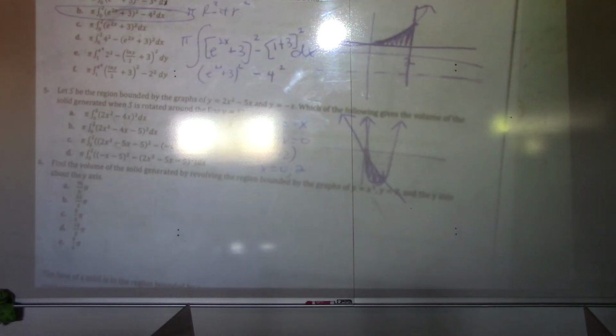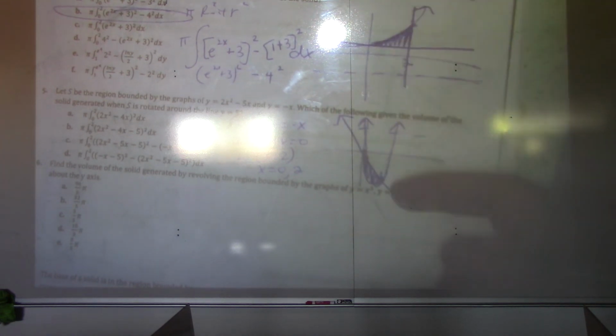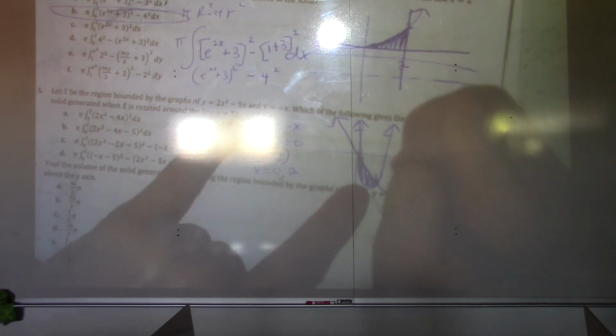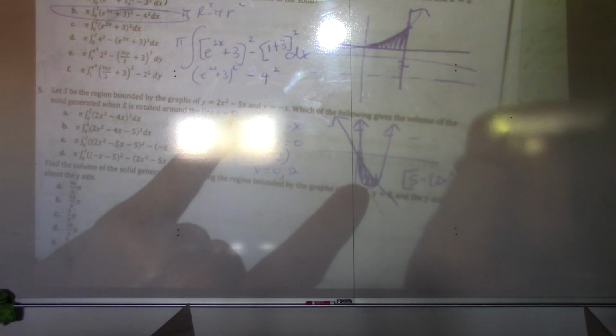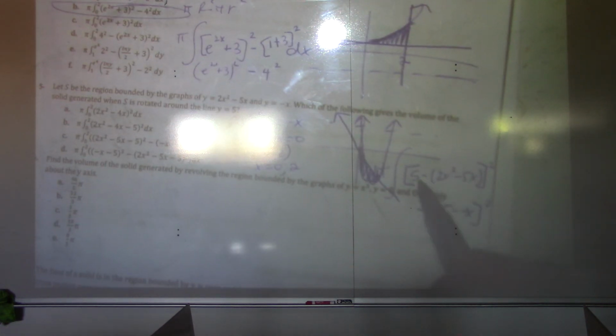Alright, and we want to rotate it around the line y equals 5, so that's going up this way. So the squared equation is your outside. I need to measure it relative to 5, so you could do 5 minus the 2x squared, minus 5 minus negative x squared, pi and so on. I apparently did it this way, minus 5 squared.